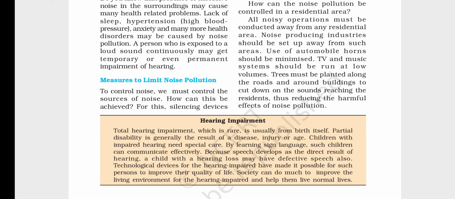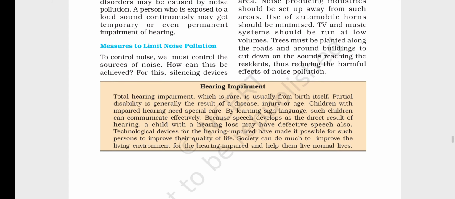What is impairment of hearing? You all know what impairment is? Impairment is hearing disability. A person will become deaf by hearing a louder sound for a longer period of time.